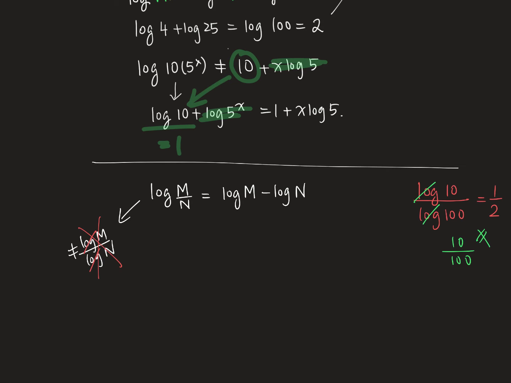Let's say we have log base 5 of 125 over 5. Then what you can turn this into is log base 5 of 125 minus log base 5 of 5. Then it becomes 3 minus 1, which is 2.